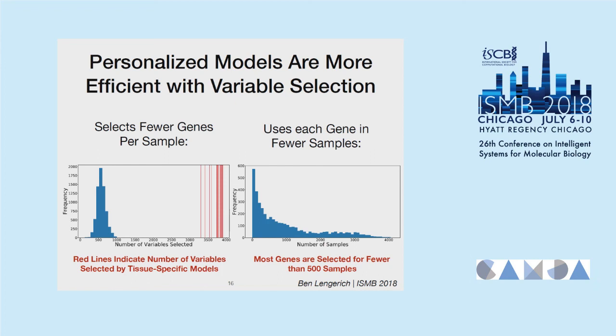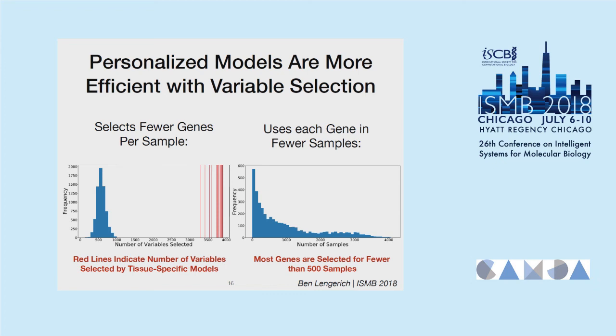So the first thing we see after training these models is that the personalized models are more efficient with variable selection. Over here, we see that the models select fewer genes per sample. So the blue is a histogram of the number of features selected in each sample, where a sample also corresponds to a single model. And the red lines are the number of variables selected by a population model trained on one specific tissue type.